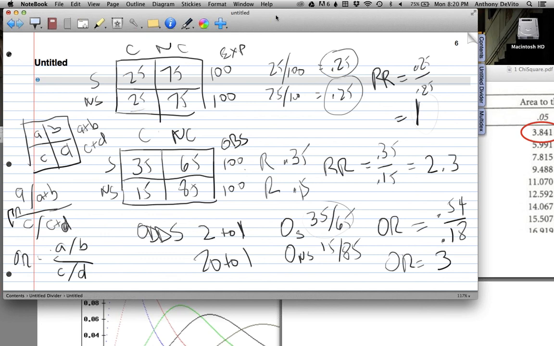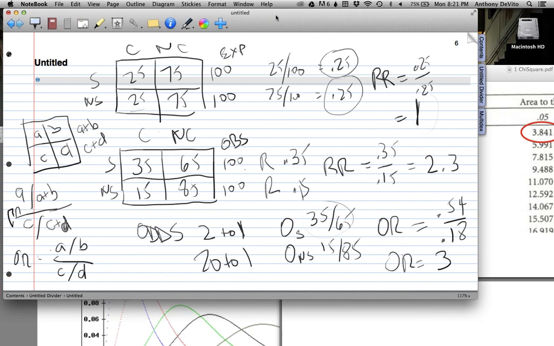We're dealing with proportions, and we know that there are ways to calculate what the standard error would be, the distribution for proportions, find what the p-value is, which might be 0.35 and the other might be 1, and figure out what the confidence interval would be. There are ways for us to figure that out. We have a vague idea in the back of our heads from when we were doing confidence intervals with proportions. A little bit more complicated here because we have 4 proportions that we're dealing with, 0.35, 0.15, 0.54, 0.18, right? But we're going to use software to do it, okay?